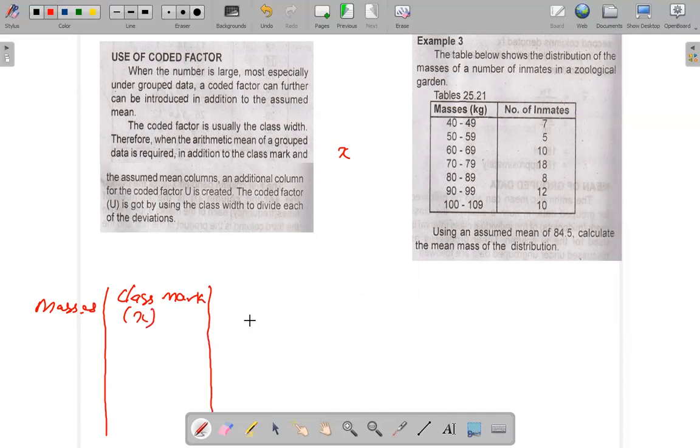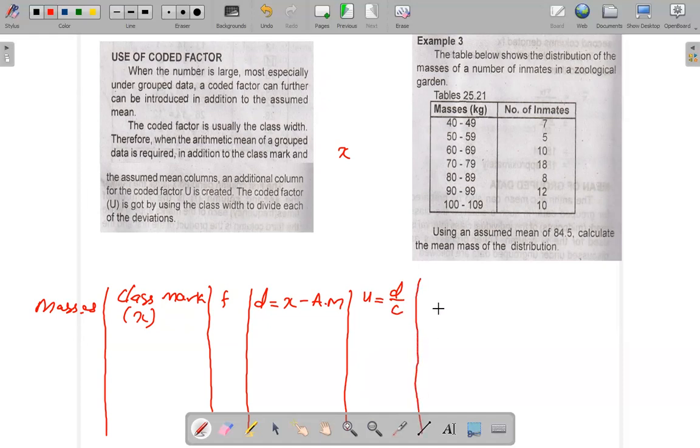I also need to get the frequency, which is already in the table, frequency F. And we need to get deviation from the assumed mean, which is each of the X here minus the assumed mean. And we also need to get the coded factor U, which is the deviation from the assumed mean divided by the class width of the data.